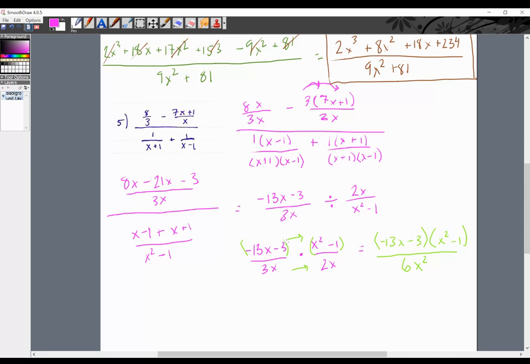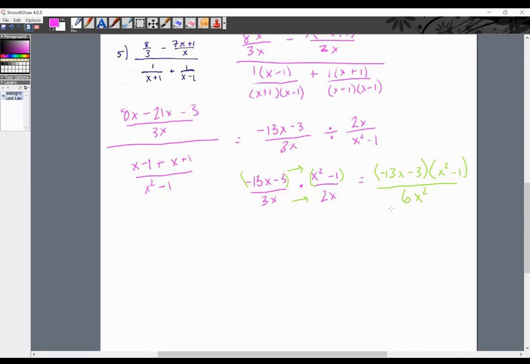All right, let's FOIL this out. Why not? So negative 13x times x squared, what, negative 13x cubed? Negative 13 times negative 1 is plus 13x, minus 3x squared, and then negative 3 times negative 1, what, plus 3?